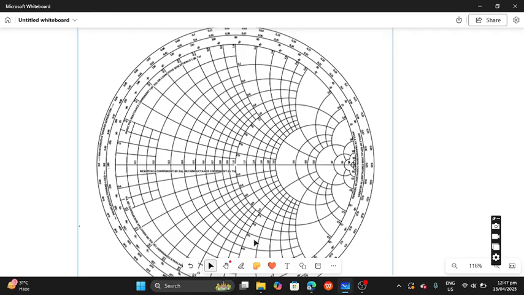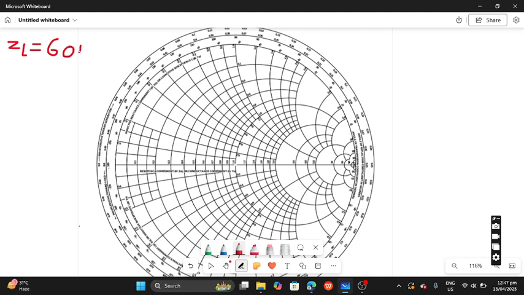For example, you are given a point, small zl, which is equal to 60 plus j50, and z0 is 50 ohms. Now what will you do? You will divide them.